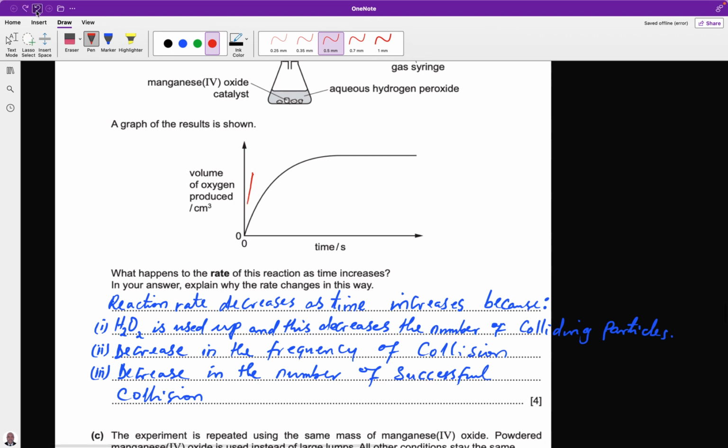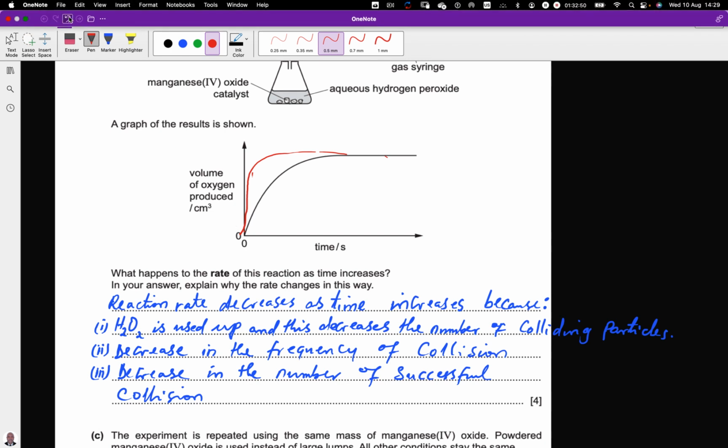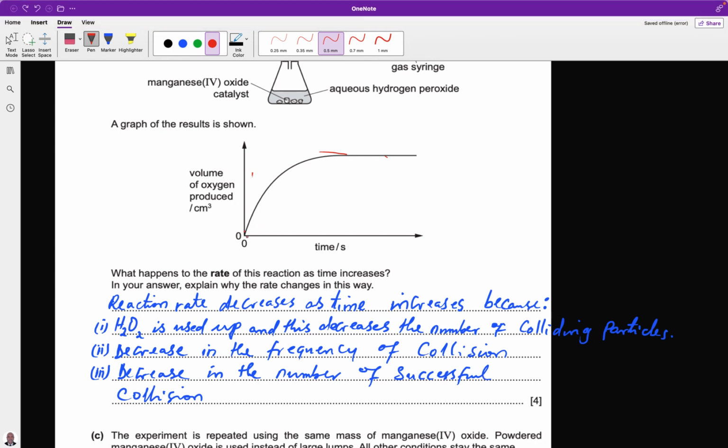Oh, I'm still trying to do it like this.